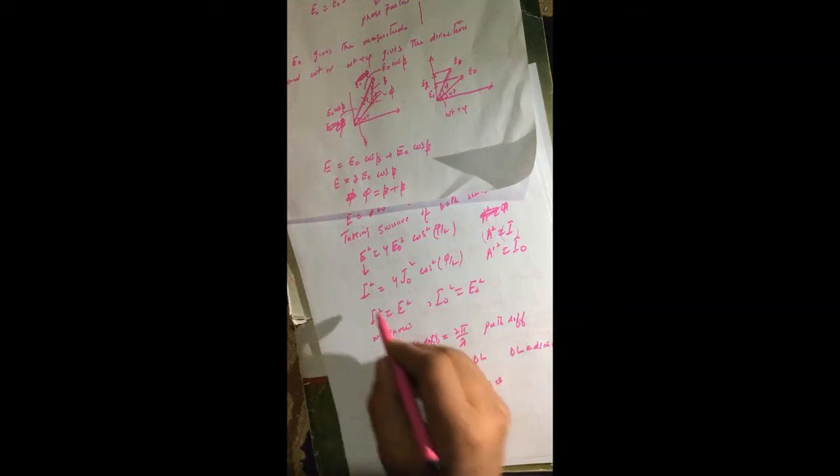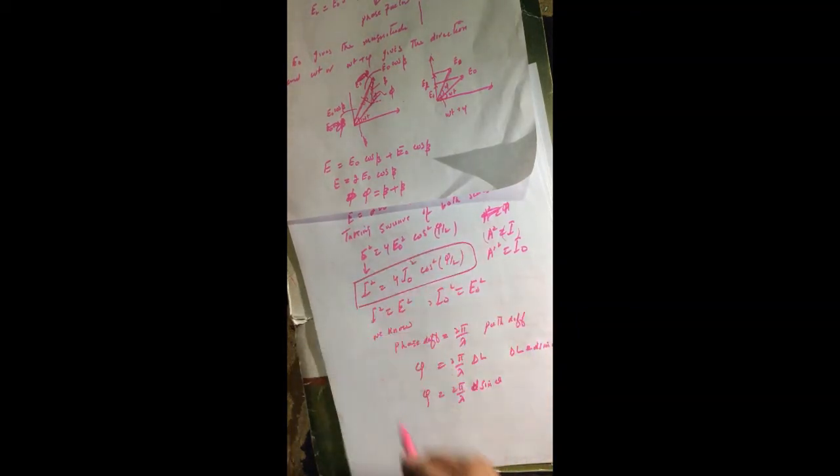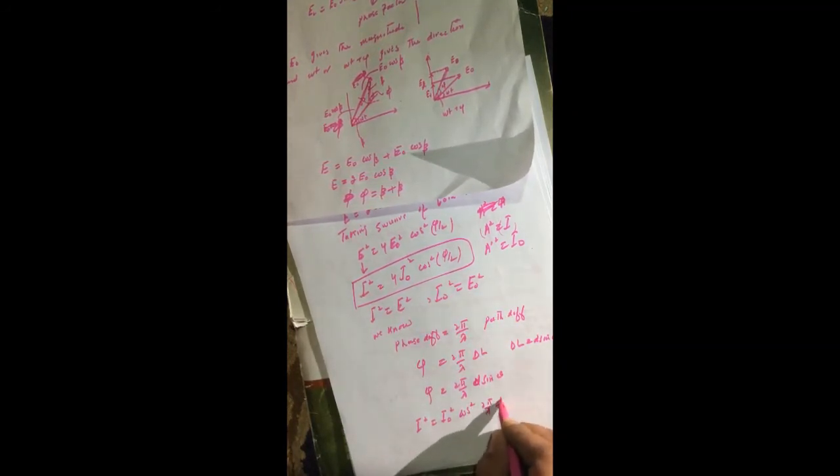So our final expression can be written as I square is equal to I naught square cos square phi divided by 2, and phi is 2 pi over lambda d sine theta divided by 2.